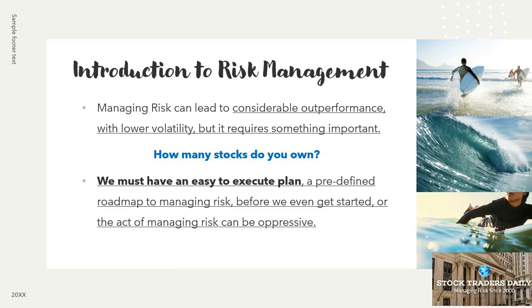That's important. And the obvious objective of risk management is to have lower degrees of volatility, right? So it has to be easy, has the ability to outperform, and have lower volatility. That's the objective. That's what risk management is, what we're really looking to do.